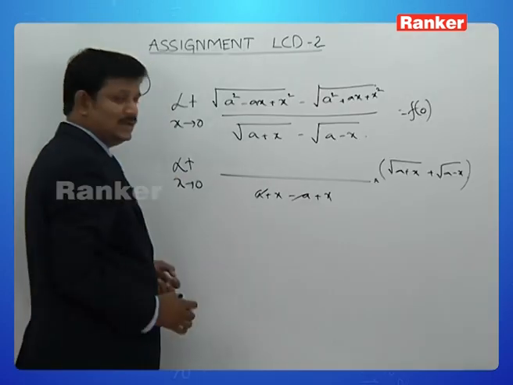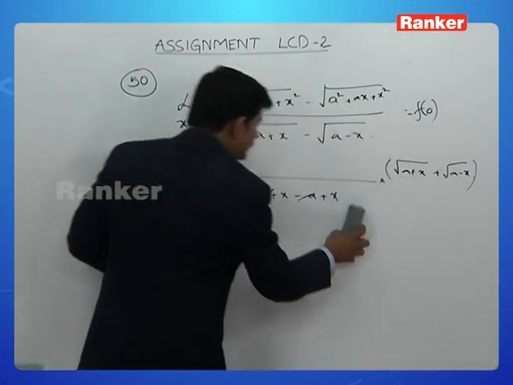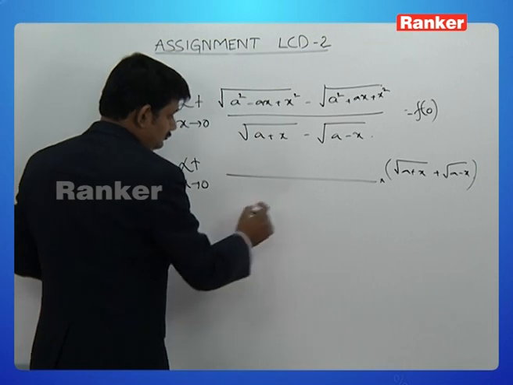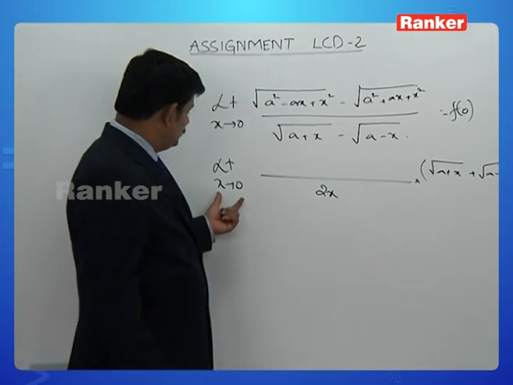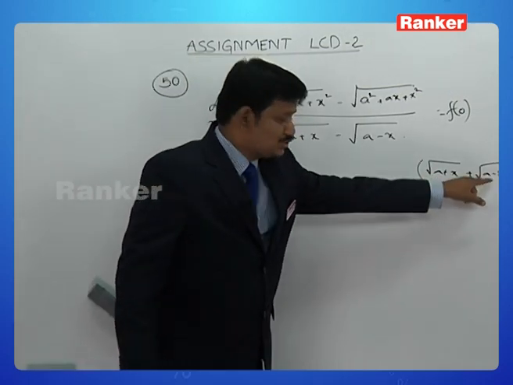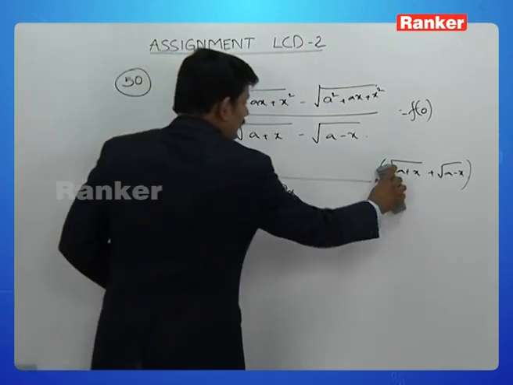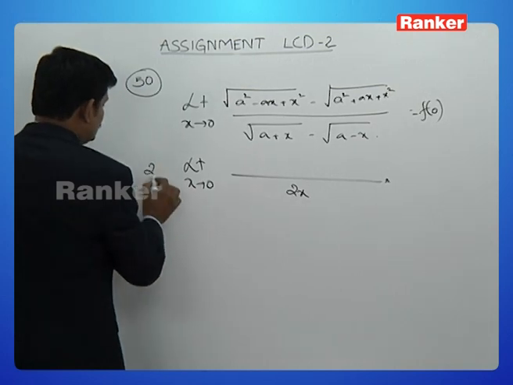A and a get cancelled. This is 2x. So when we rationalize, the denominator becomes 2x. Also observe, as x tends to 0, this is root a and this is root a, so the sum becomes 2 root a. We can write this as 2 root a outside the limit.